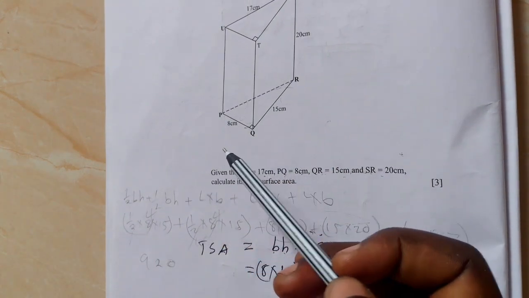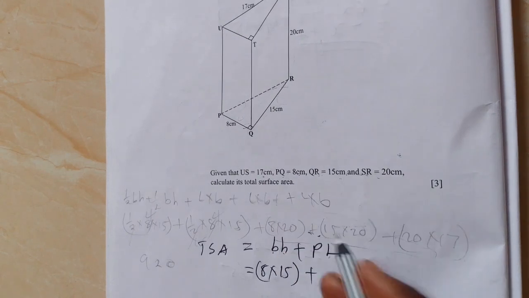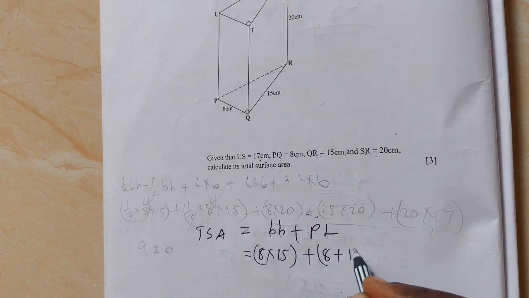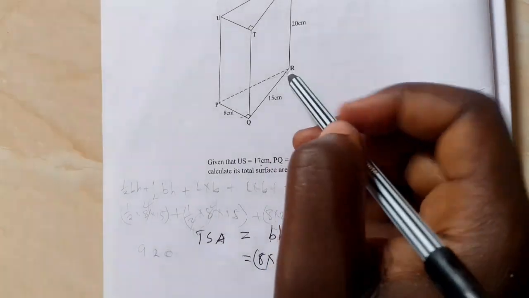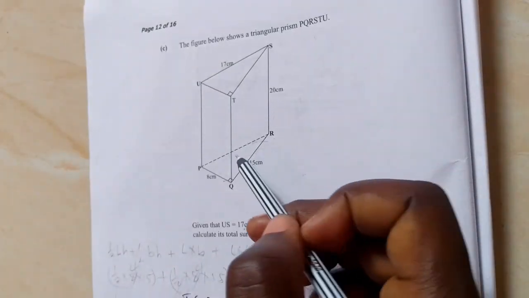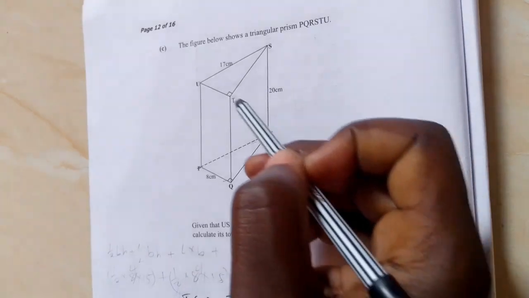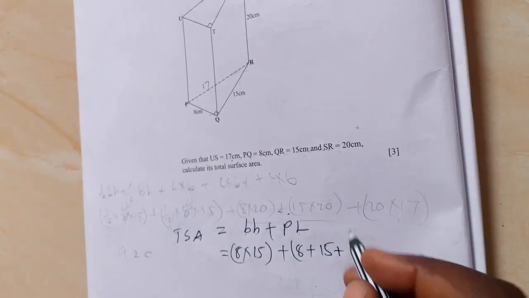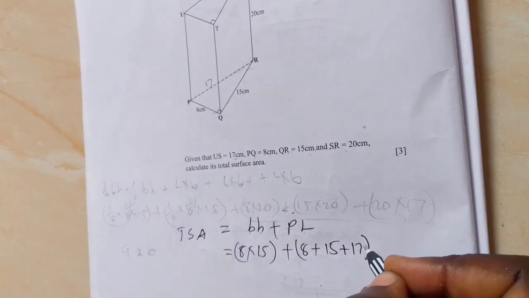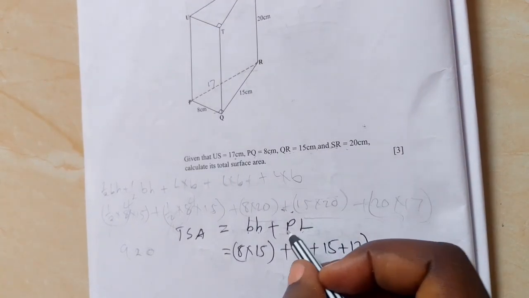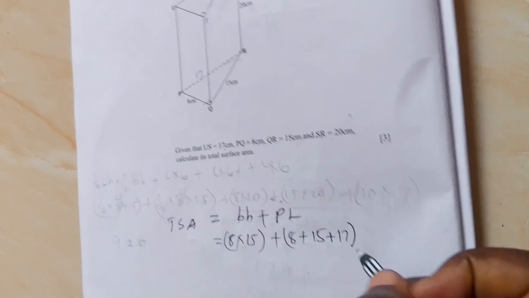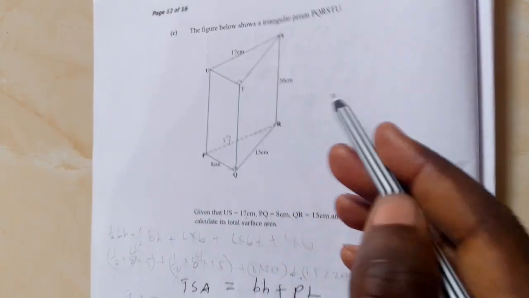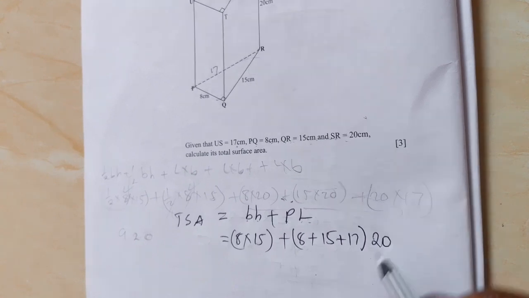So the perimeter, we're just going to say 8 plus 15 plus this distance from here up to here, which is the same as the distance from here up to here. So this is also 17 plus 17. Remember, the perimeter is the total distance around the shape. Times the length. The length here, the longest distance, is 20. That's what you put here.